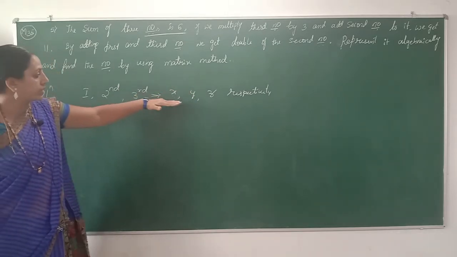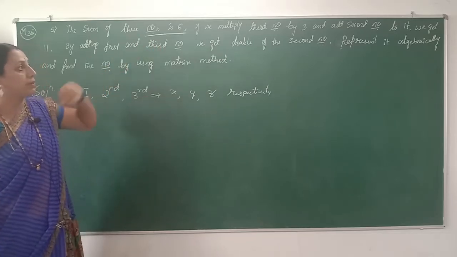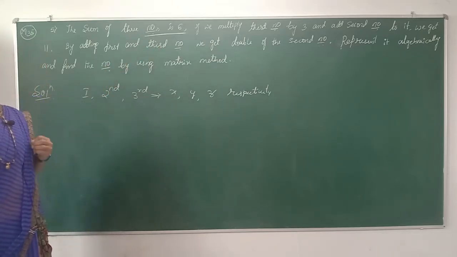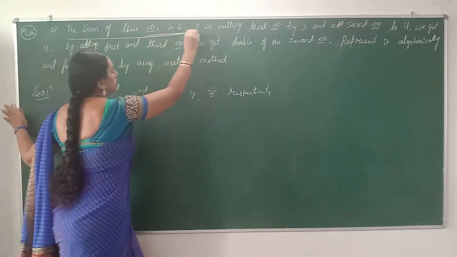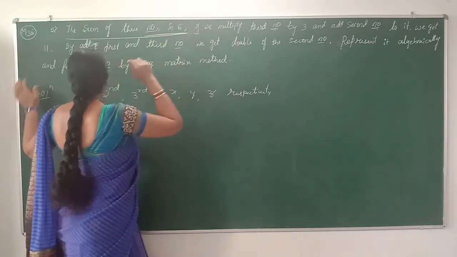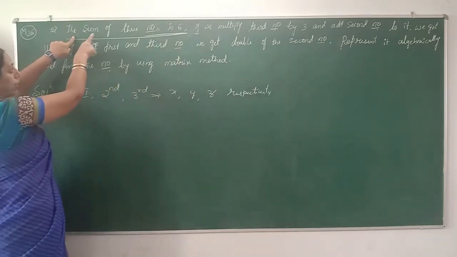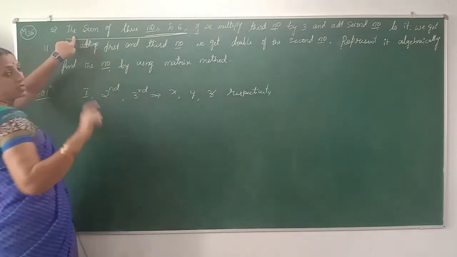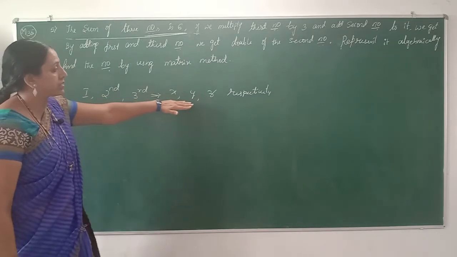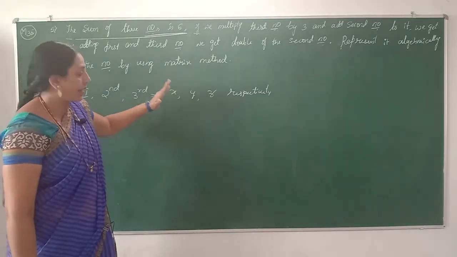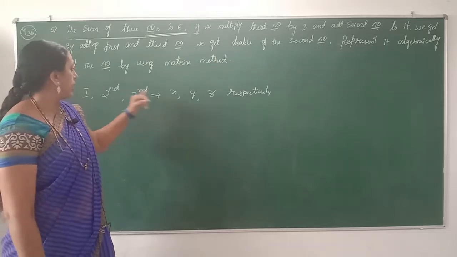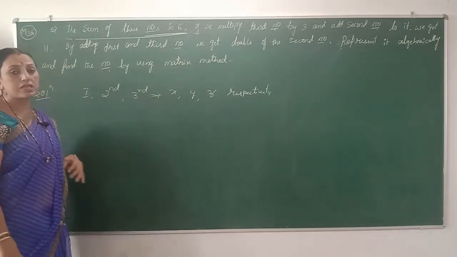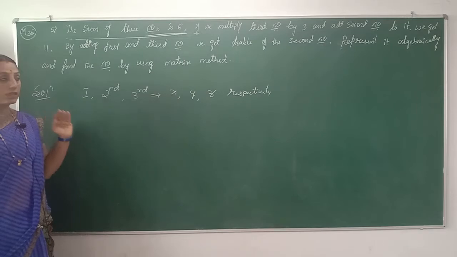So by using these conditions, how can we represent the above statements in algebraic form? First statement: the sum of three numbers is 6. The three numbers are x, y, z, where x is the first number, y is the second number and z is the third number.